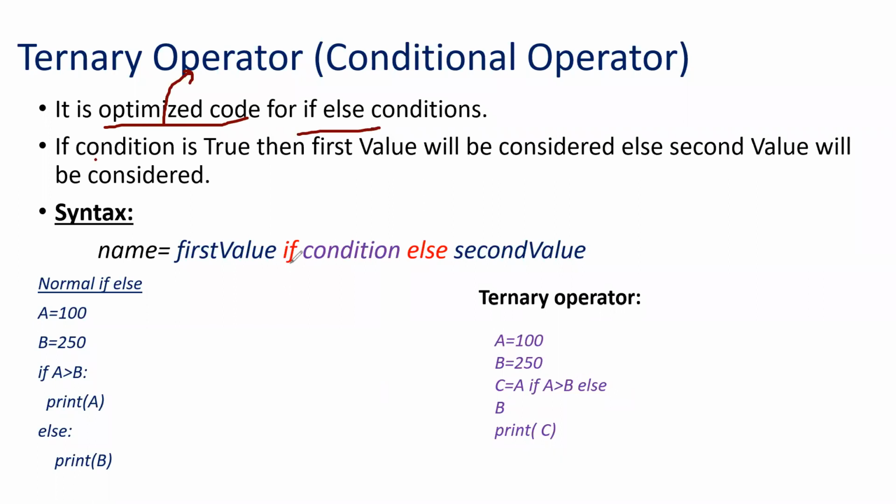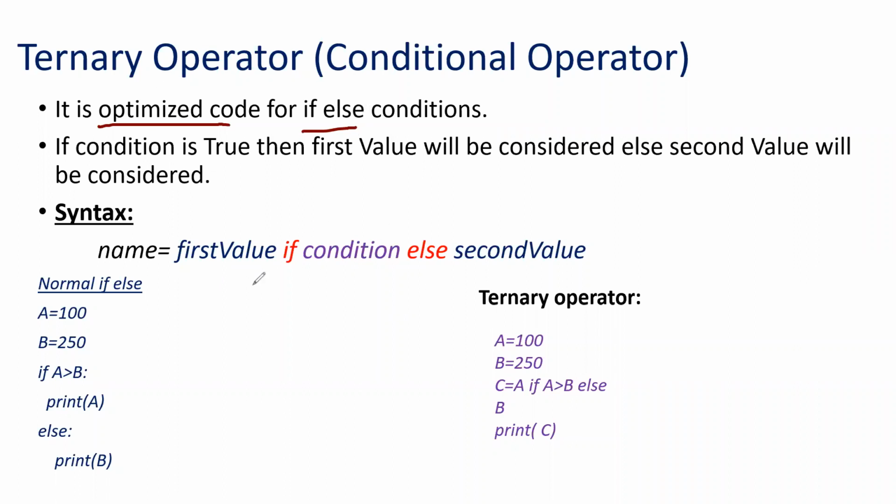If the condition is true, then it returns the first value. If it is false, then it goes to the second value. I'm repeating once again: it is optimized code for the if-else conditions, and that is how the Python syntax works for the ternary operator.